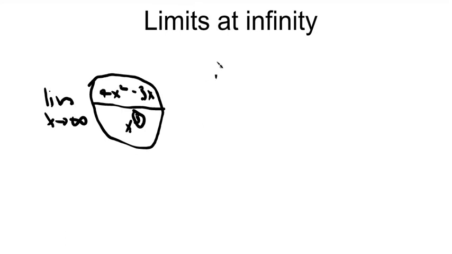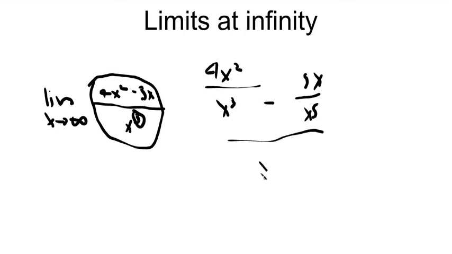So instead of being this, it would be 4x squared divided by x cubed minus 3x divided by x cubed, all divided by x cubed divided by x cubed. So what happens here? You know that these cancel out, so it equals 1. But what happens here?